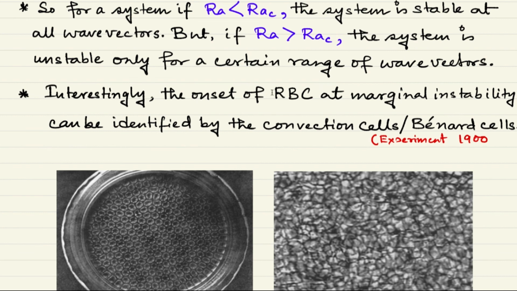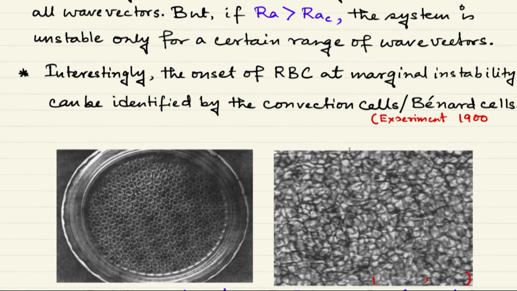Interestingly, the onset of RBC at marginal instability can be identified in practical cases by the appearance of convection cells, or so-called Bénard cells. Bénard, for the first time in his experiment in 1900, showed the formation of this type of structures.